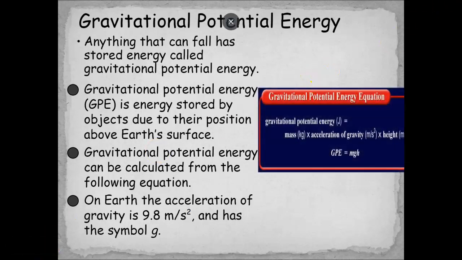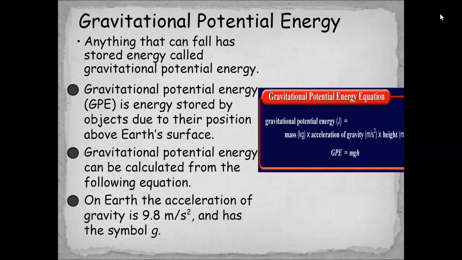Gravitational potential energy is anything that can fall and has stored energy is gravitational potential energy. Okay, so it's also referred to as GPE. That's just a little abbreviation for it. It's energy stored by objects due to their position above Earth's surface. So, again, the apple tree example. The apples hanging on the tree, they are above Earth's surface.